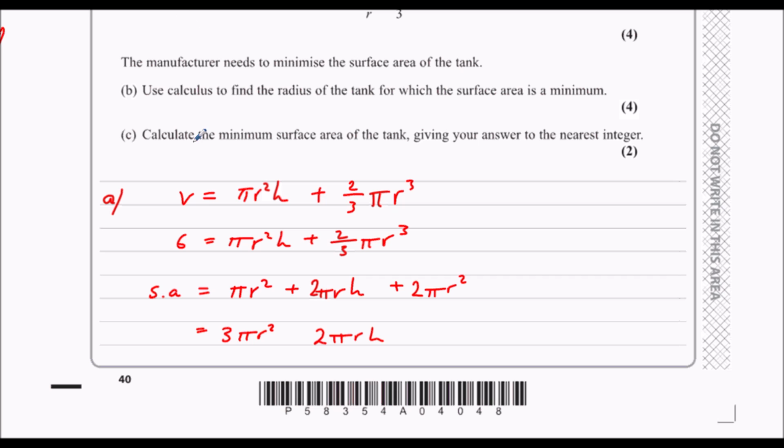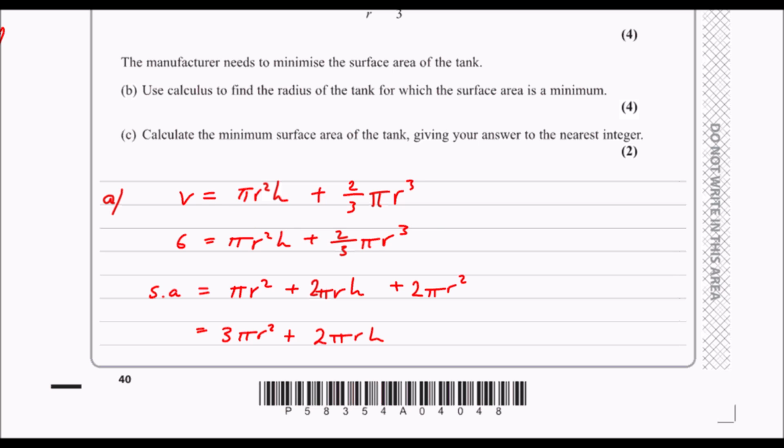And so we need to eliminate the h, and we're going to use our volume formula to do that. So let's rearrange our volume formula to make h the subject. So take 2/3 pi r cubed away from both sides.